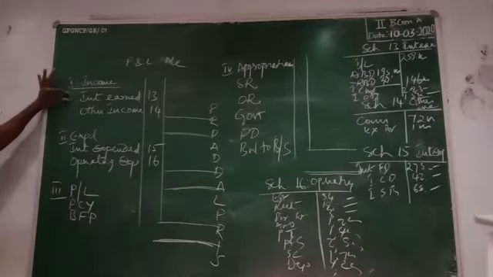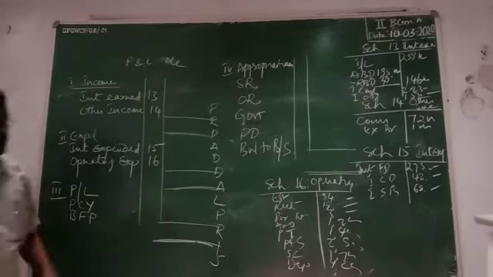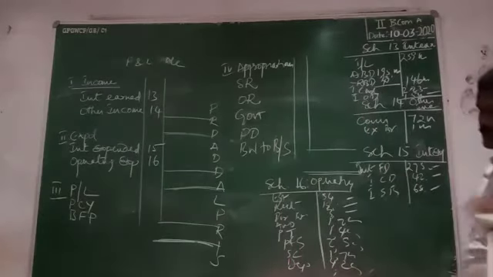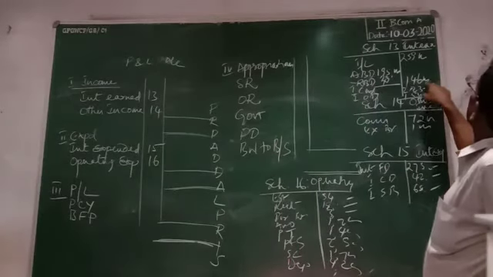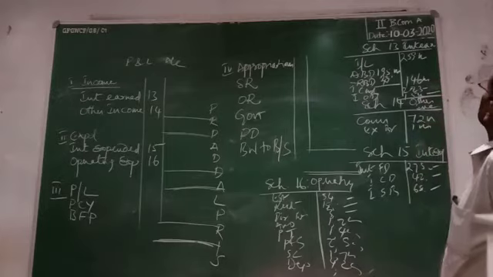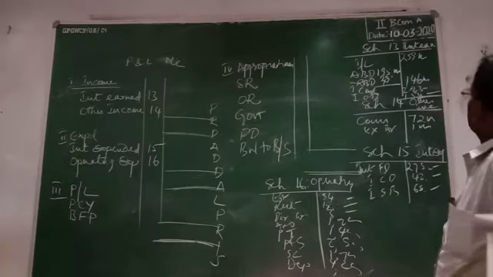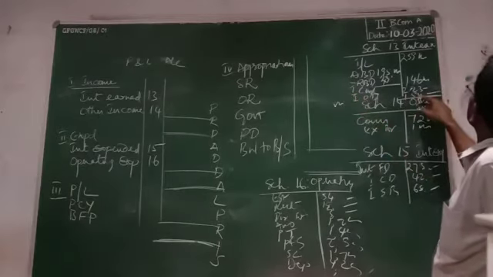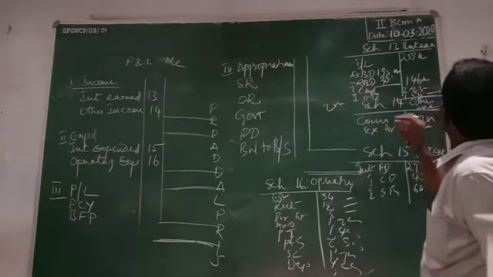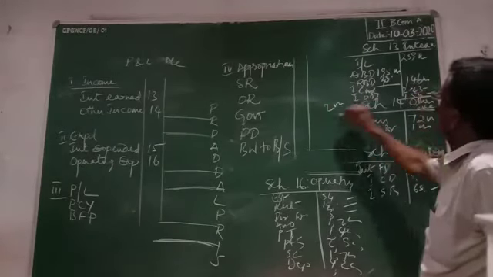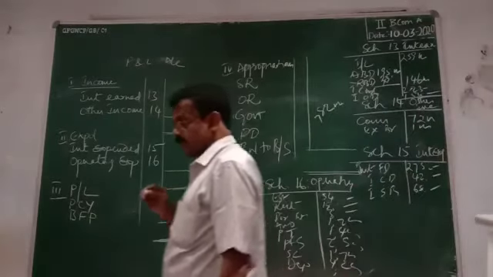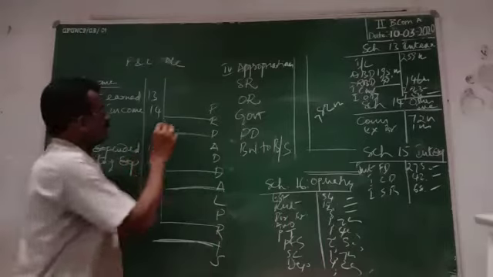So first, interest earned, schedule number 13. How much is the total? 2,59,000, then 1,46,000, 2,23,000, and 1,54,000, total 7,82,000.